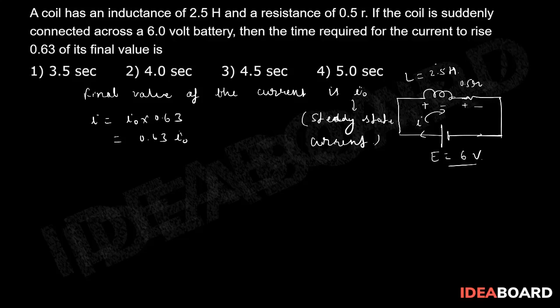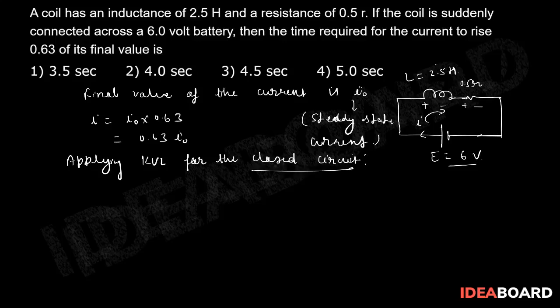So I can write, applying KVL for the closed circuit, you get E minus L di by dt, that is the value of EMF, minus I into R. As of now, I assume this resistance is equal to capital R, and that should be equal to 0.